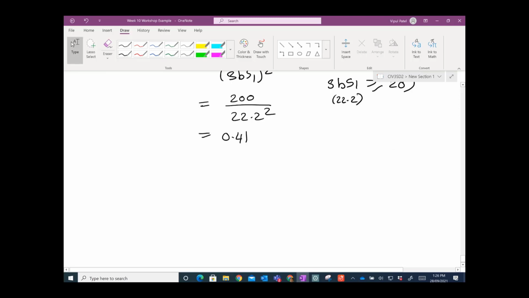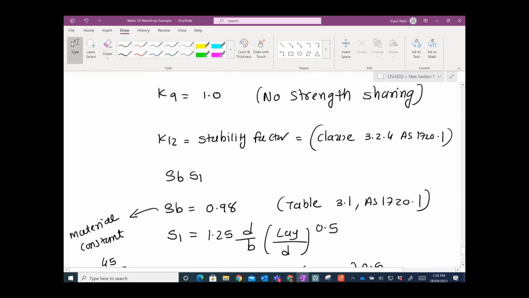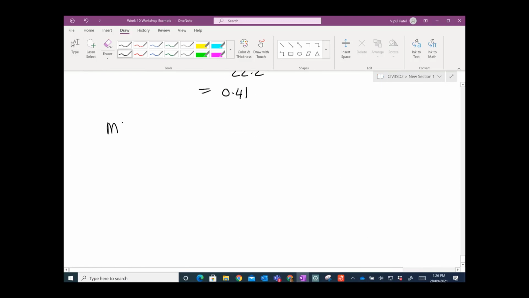So let's put everything together now, the whole package. MD, please write it again. MD equals phi K1 K4 K6 K9 K12 fb' Z. I think I'm remembering this equation by myself without looking, because I've written it so many times. You also need to practice, such that you know all your formulas by heart.